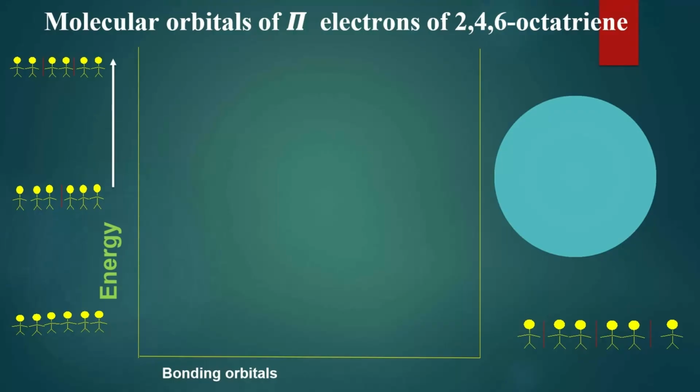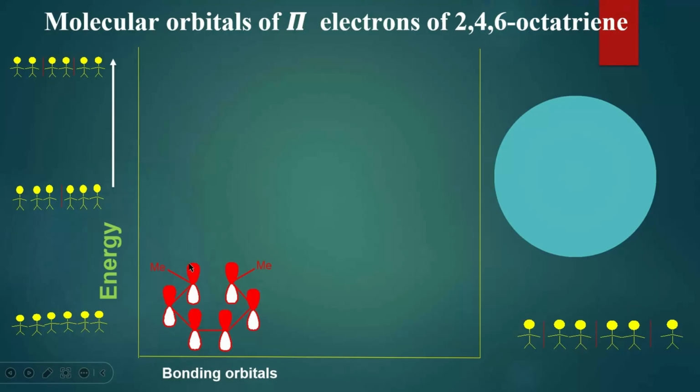Let us look into how to represent these atomic orbitals of 2,4,6-octatriene. Here I take 1, 2, 3, 4, 5, 6, 7, 8. At the 2, 4 and 6 positions, it has double bonds.